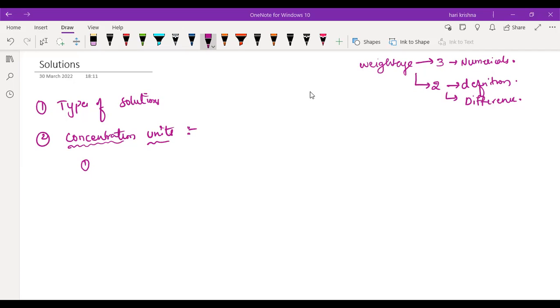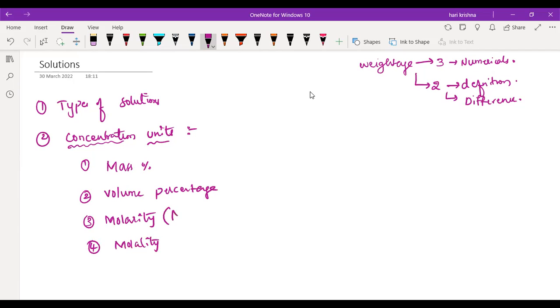First one is mass percentage. Second one is the volume percentage. Third one, molarity. Fourth one, molality. Molarity is indicated with the capital M, molality with the small m.